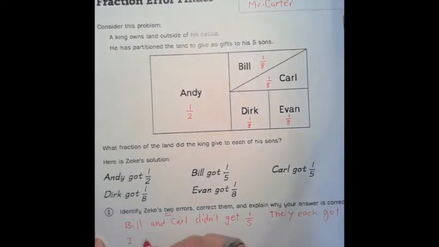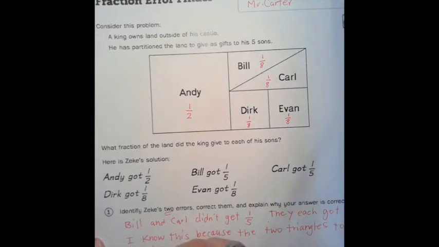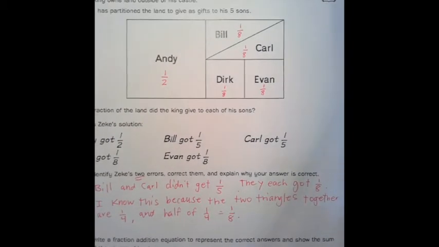And I know this because the 2 triangles, so these 2 triangles here, together are 1/4, and half of 1/4 is 1/8. And that's a pretty good explanation.